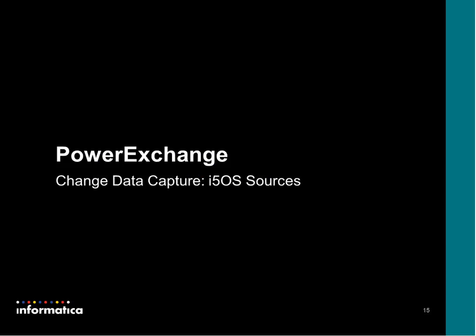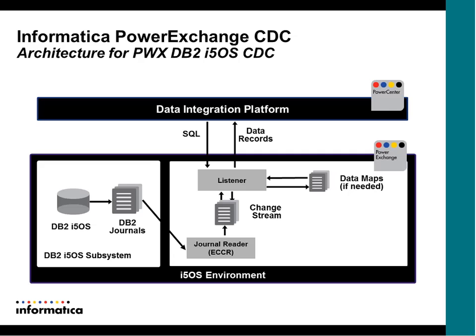Now let's go back to the other two major platforms that we support. One of them is the AS400. DB2 on AS400 is a very heavily used change data capture source, and architecturally it looks very similar to what we've seen before. We have the listener running on the AS400, and we have the change stream, and then we have the change data capture process, or the ECCR, which accesses the DB2 logs, which are called journals.